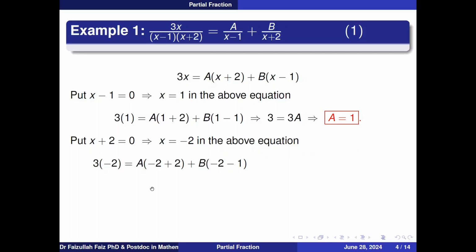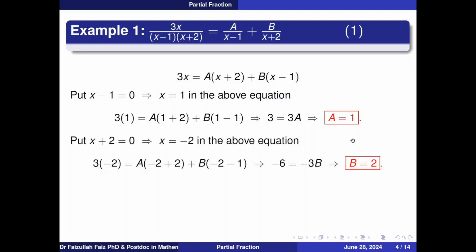From the left hand side we get minus 6, which is equal to minus 2 plus 2 is 0. So the first term becomes 0, and from the second term we get minus 2 minus 1, which is minus 3. So we get minus 6 is equal to minus 3b, and when we simplify this, we get the value of b, which is equal to 2.